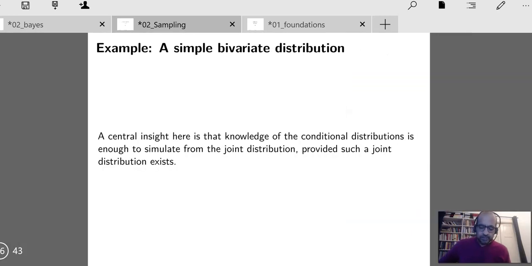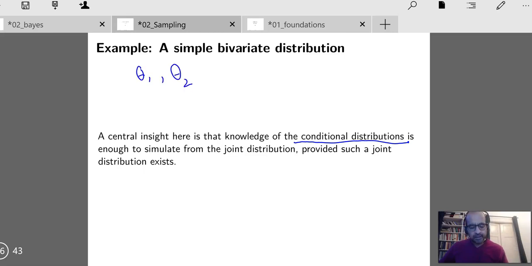All right, so now the basic insight in this method of Gibbs sampling that I showed you is that we have to be able to figure out the conditional distribution in the case where we have multiple parameters that we want to sample from, right?